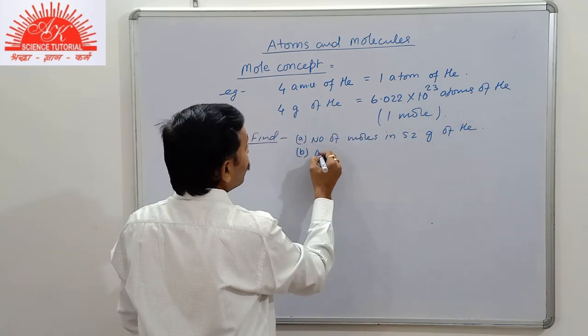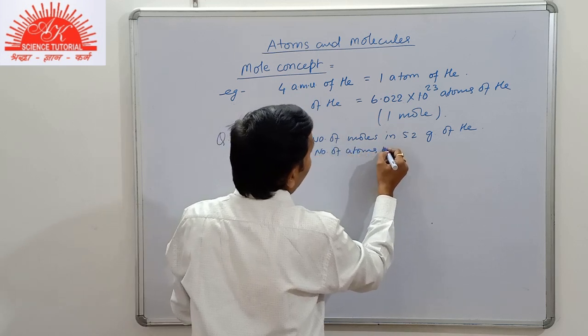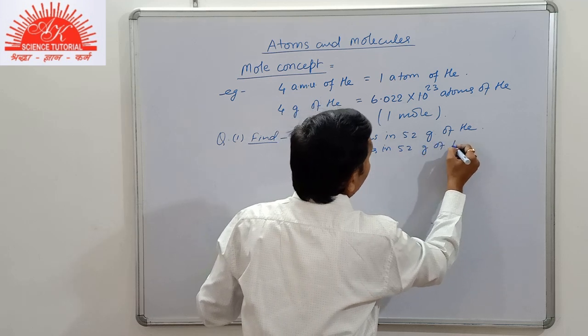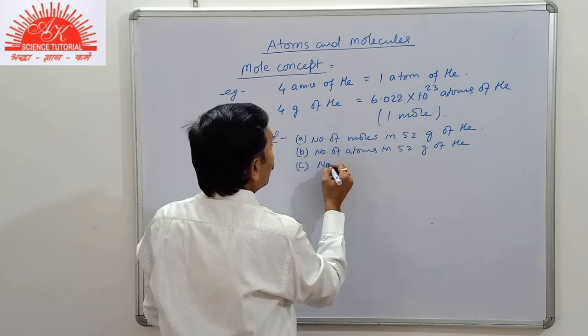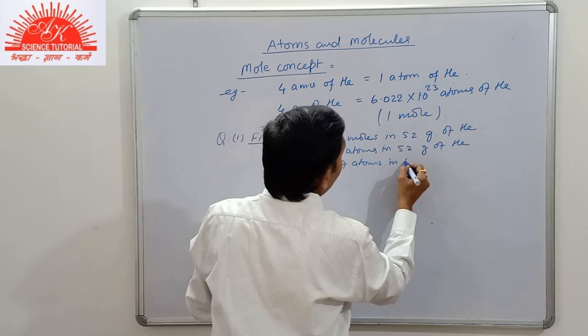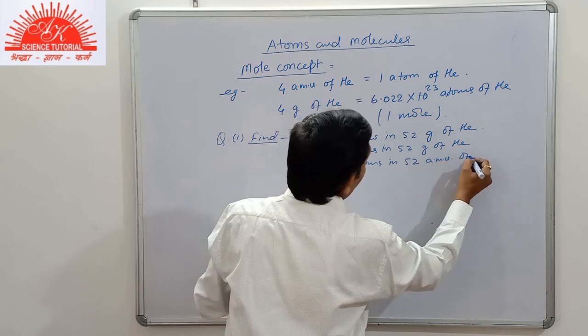Next, the number of atoms in 52 gram of helium. Next, the number of atoms in 52 AMU of helium.